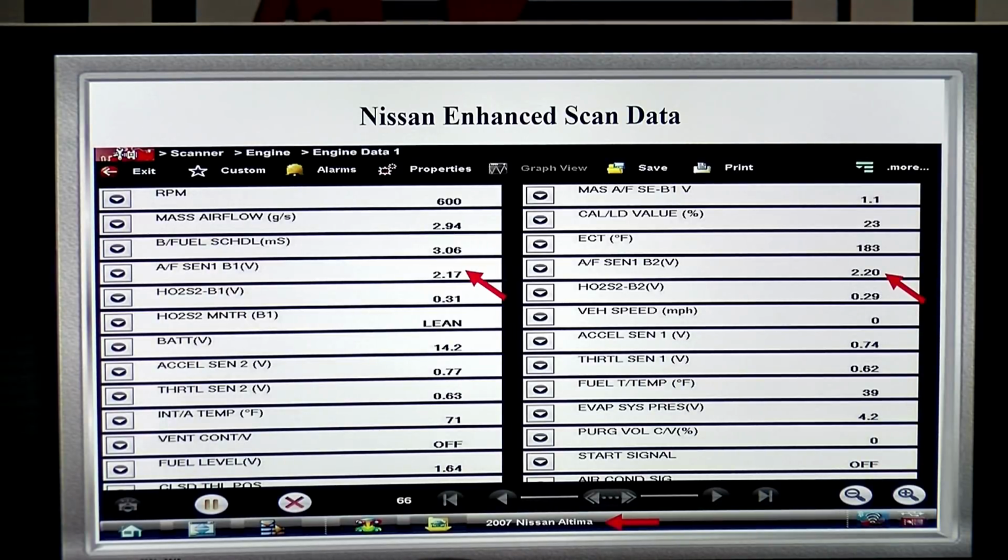Let's look at this Nissan real quick in enhanced data. This is the air-fuel ratio sensor, and do you know if 2.17 on one bank and 2.2 is a good air-fuel ratio sensor reading? Well, if you don't, here's what you need to know. The normal reading is 1.4 volts on an air-fuel ratio sensor.